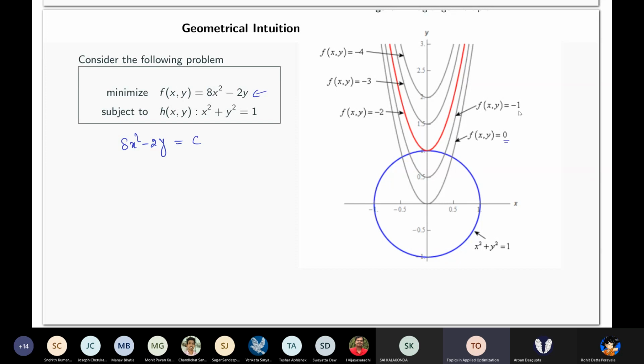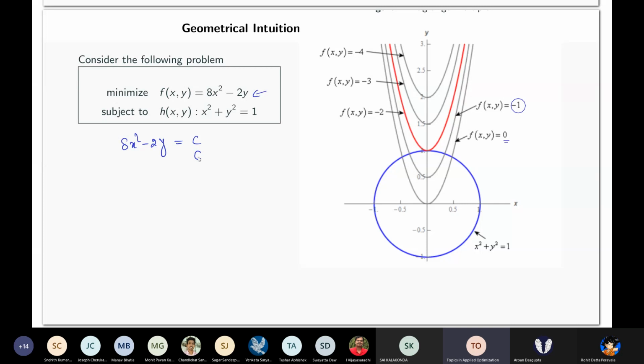And if I have c to be -1, then at (0, 0) it should be... is this f(x, y) equal to -1? Is this curve right? Is this plot correct? I wonder.